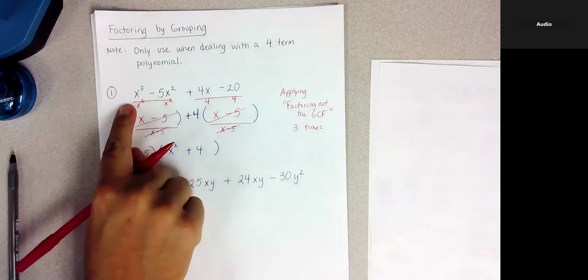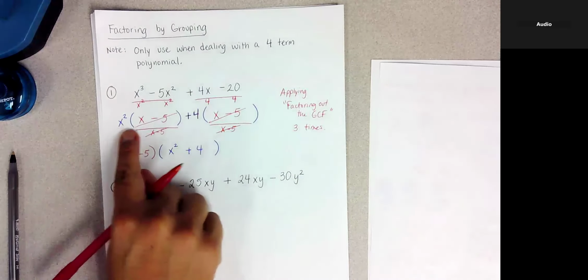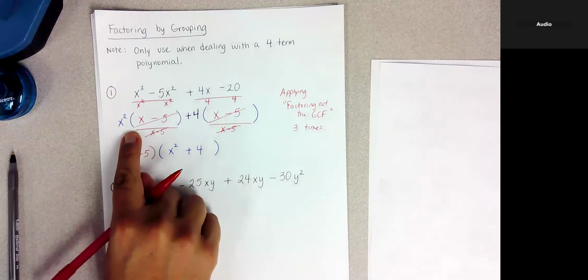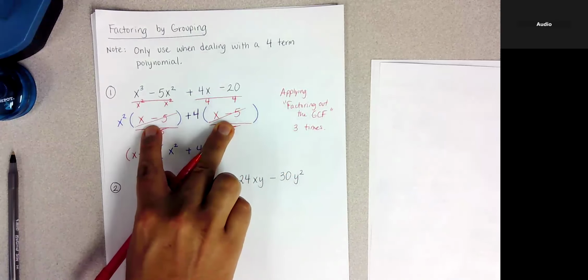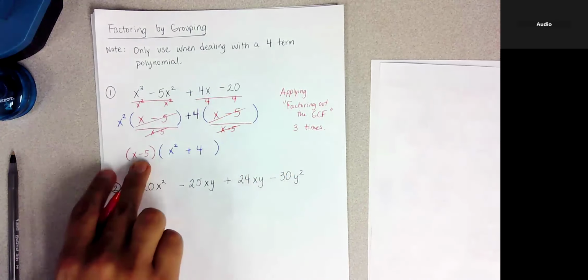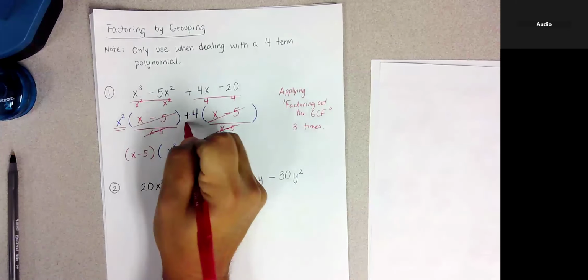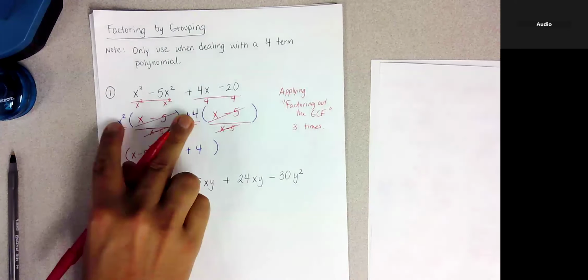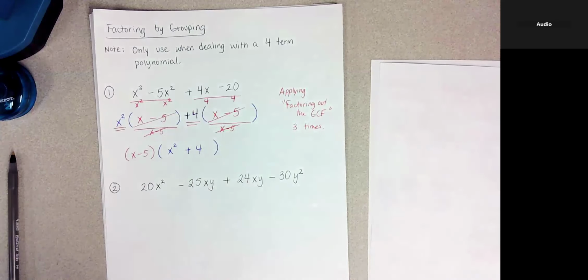We factor out the GCF from these two terms, factor out the GCF from those two terms, and then we looked at what we had and said, oh, those things in parentheses, they're exactly the same. So we can factor that out one more time as the GCF, and then whatever was left over, the x squared and the plus 4 in this case, we throw them into their own set of parentheses here, and then that will complete the factoring by grouping process. Okay.